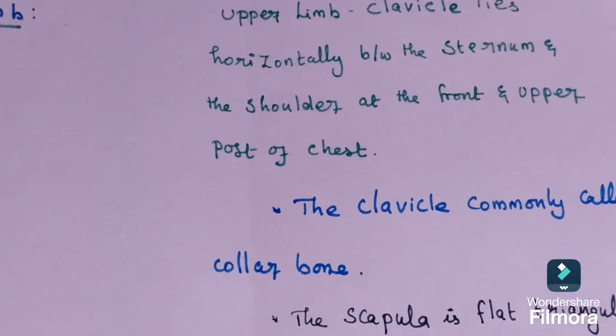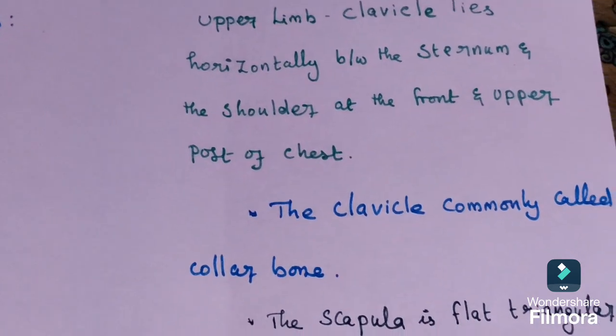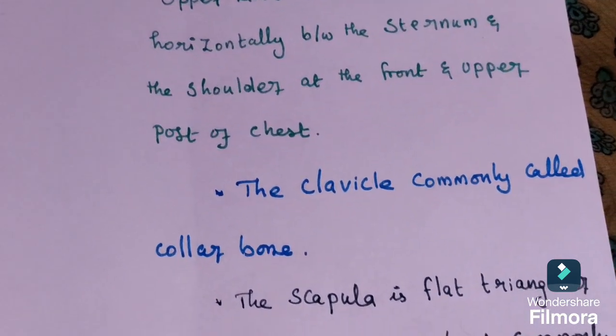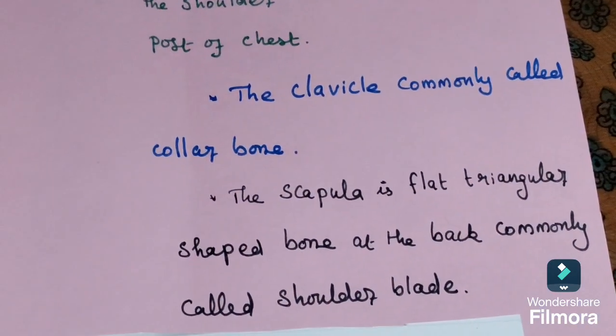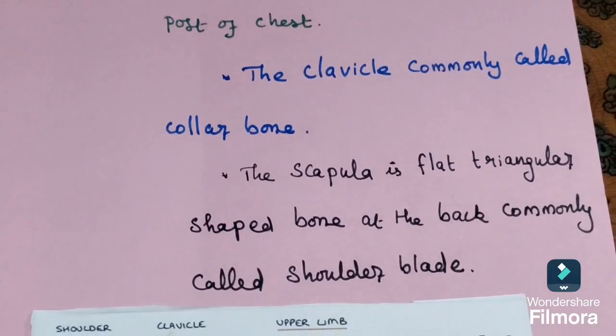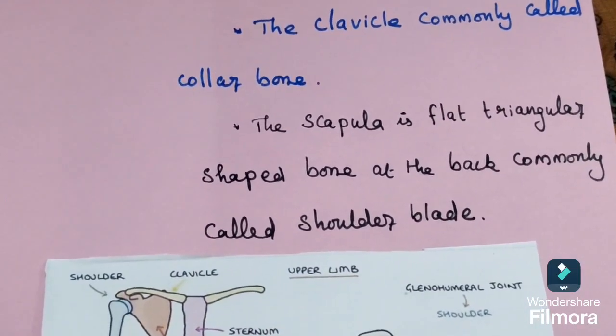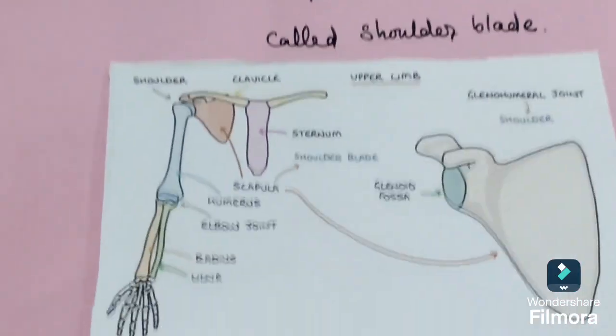The clavicle is commonly called the collarbone. The scapula is the flat triangular-shaped bone at the back, commonly called the shoulder blade.